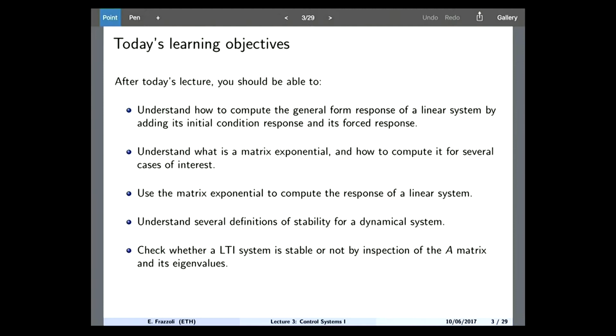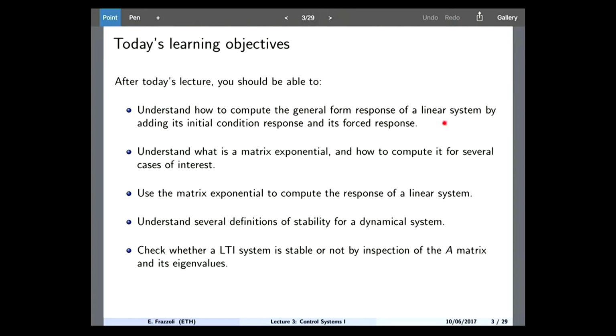So instead of trying to compute the output to some very complicated input, what you can do is break down that input into simpler components, for each of which you know how to compute the output, and then reconstruct the output by adding all of these elementary outputs to the elementary pieces of the input. Divide and conquer, again. So we will understand how to do that.